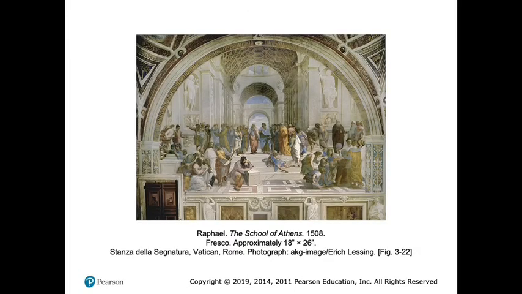In this, you can see that it's like a hallway, a long way. And if you look at the lines in the floor, you can see that they're getting closer to each other. So this is 1 point perspective.